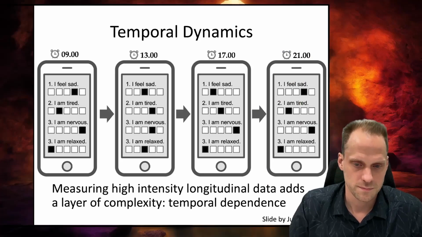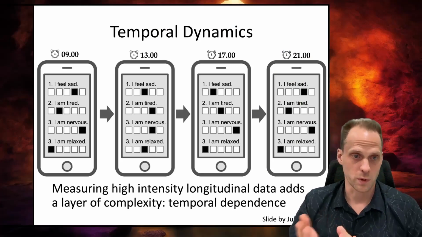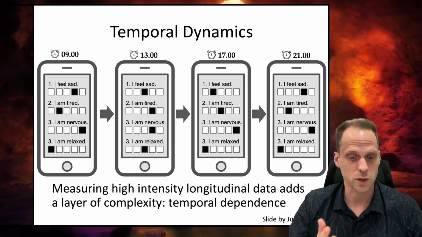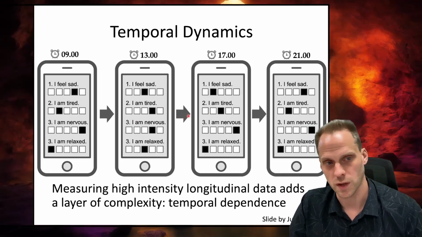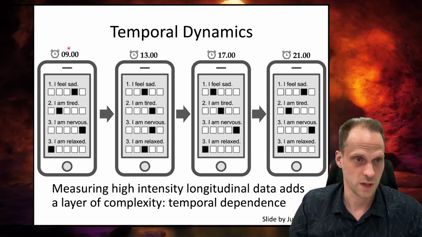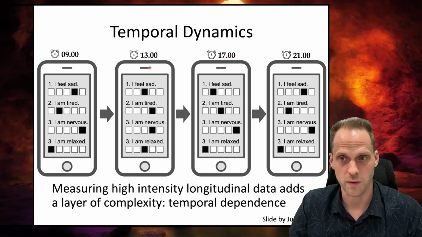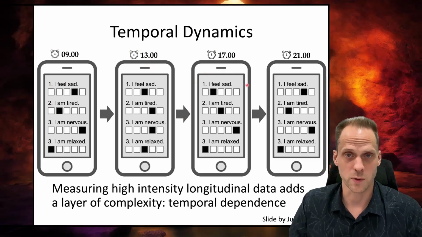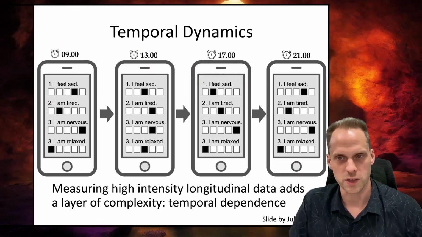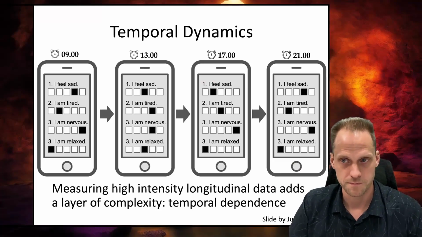Now, a last thing that makes it even more complicated than we already did before, but I already talked about this earlier, is that we also have to take into account that there are some temporal dynamics. So there's 9 o'clock and 1 o'clock and 5 o'clock, and there are effects between these consecutive time points that we might also want to uncover, because we might want to see what happens over time.